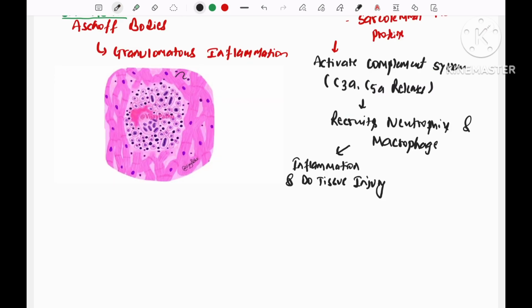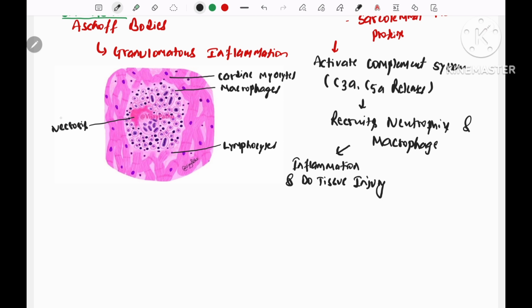Here we can see that these are the cardiac myocytes, and these structures are the macrophages, and these black dots are lymphocytes. This area is necrosis, which is fibrinoid necrosis.